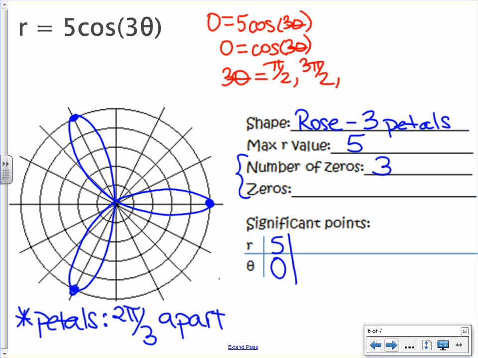So we're at pi over 2, 3 pi over 2, and then 5 pi over 2. You don't want to go for negatives. We're going to go in the positive direction. So here are the first 3 times in the positive direction cosine is 0. Well, that's what 3 theta equals. So what do we have to do to get our zeros? So we have pi over 6, pi over 2, and 5 pi over 6.